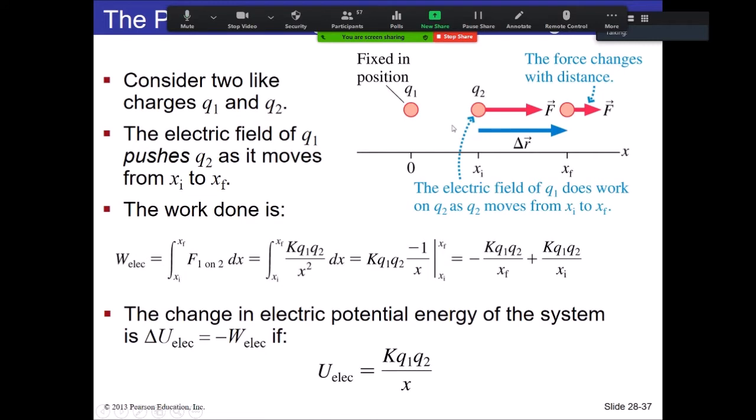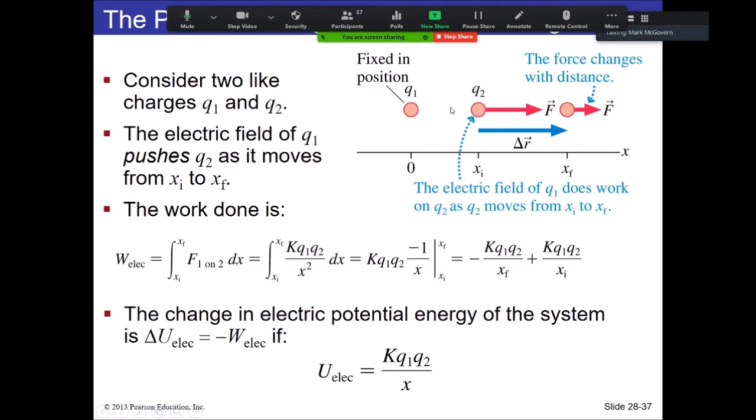So let's do it. Here we have a fixed charge. It's going to stay fixed. Sorry, this is a fixed charge Q1. We place a charge Q2 at a distance x_i from the position of Q1.